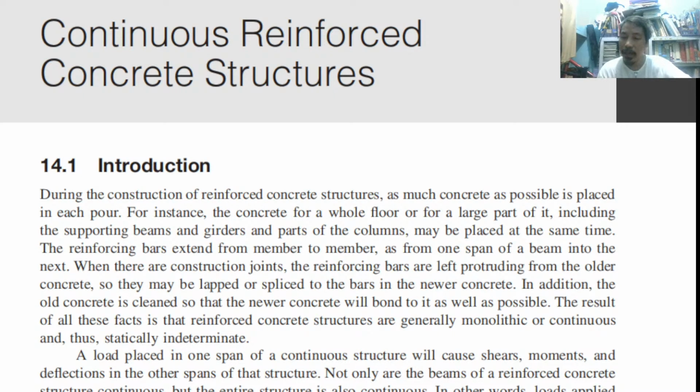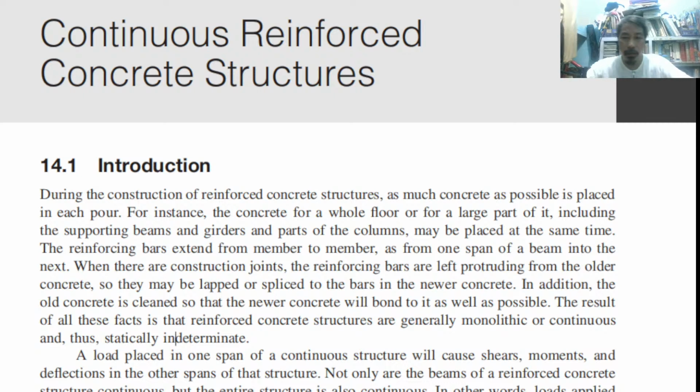If we are going to decide about it, we would like to do it right like that. However, for example, the reinforcing bars extend from member to member, as from one span of a beam into the next. When there are construction joints, the reinforcing bars are left protruding from the older concrete, so they may be lapped or spliced to the bars in the newer concrete.